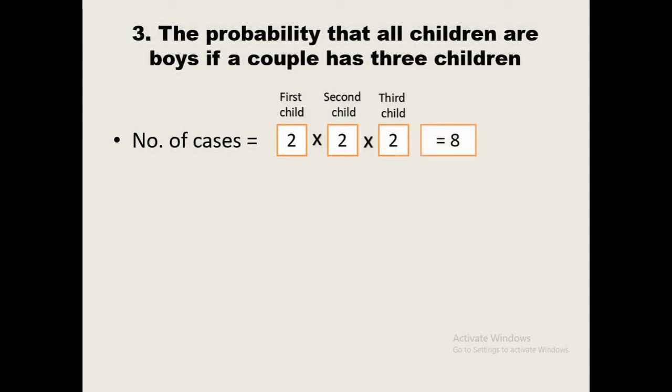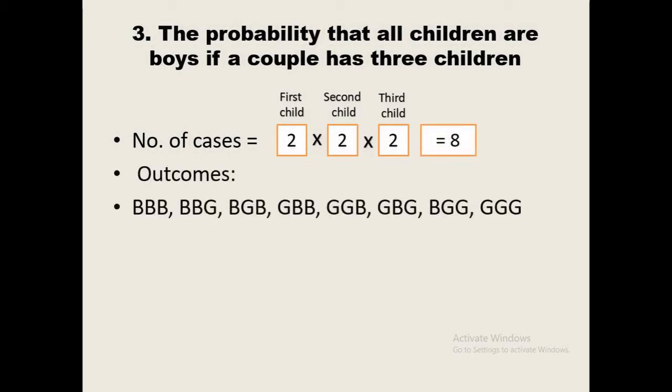So that would be 8. The outcomes are BBB, BBG, BGB, GBB, GGB, GBG, BGG, and GGG. Here we are going to find the probability that all children are boys. So it is BBB, which is 1 out of 8.